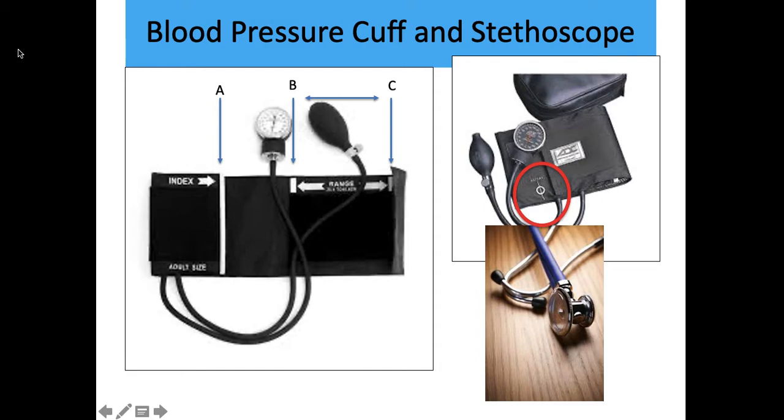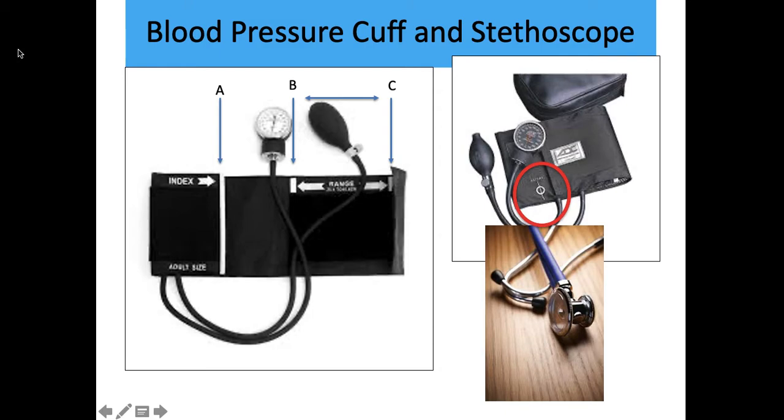So you can see from this one picture on the left, the ABC picture, there actually is a range printed right on the BP cuff. And you can see where it says index, that line right there, that A line, that white line going down, that's the edge of the cuff and the arrow right there. B and C is the range.